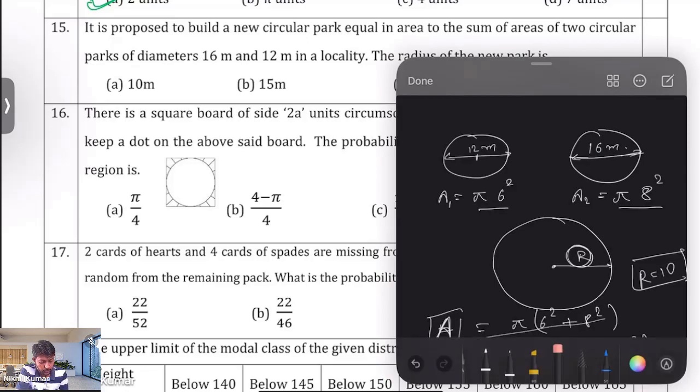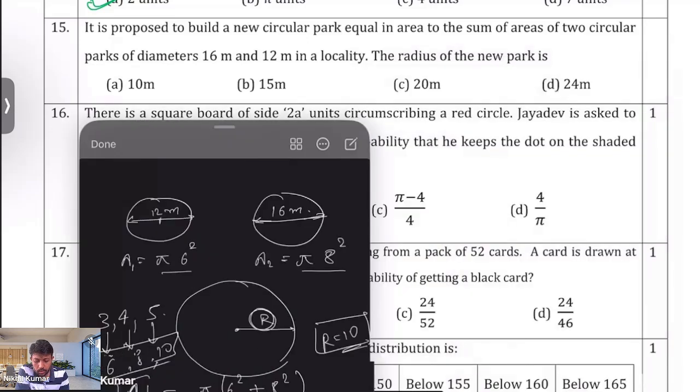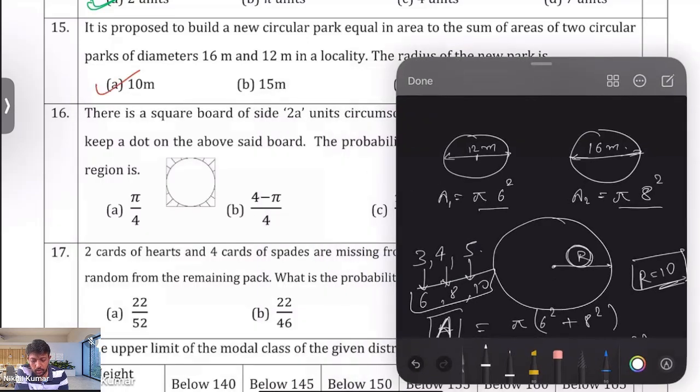Now if you remember this, from extension, 6, 8 and 10 will also be Pythagorean triplets, and that's why I figured out directly without even calculating that it has to be this. The answer to the 15th question is option number A.